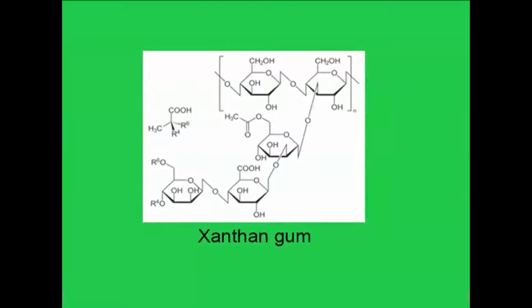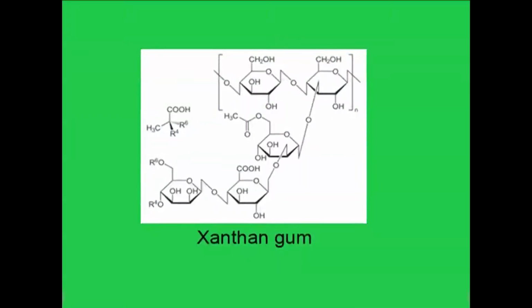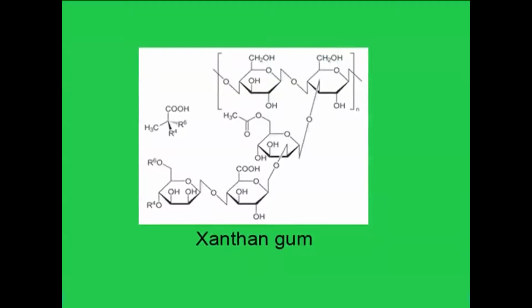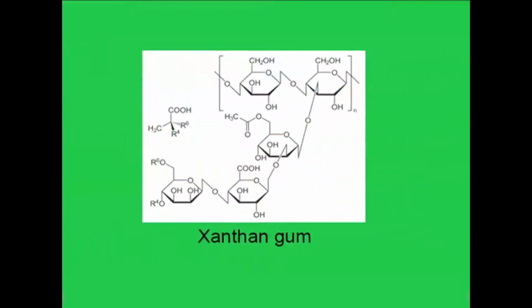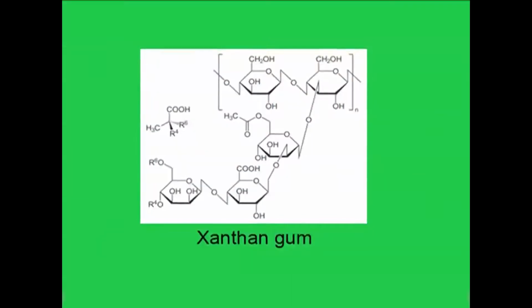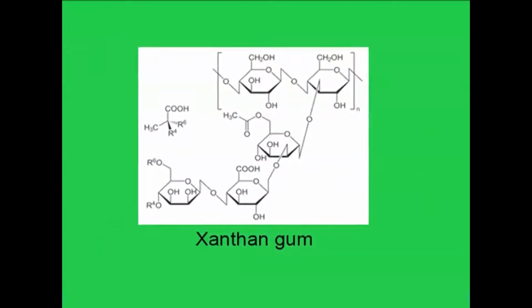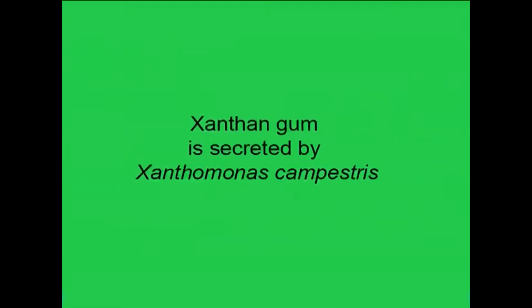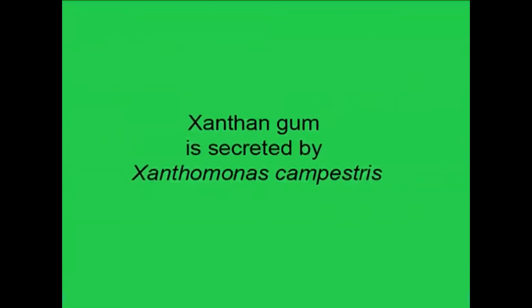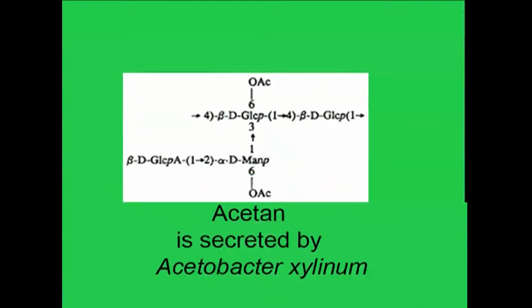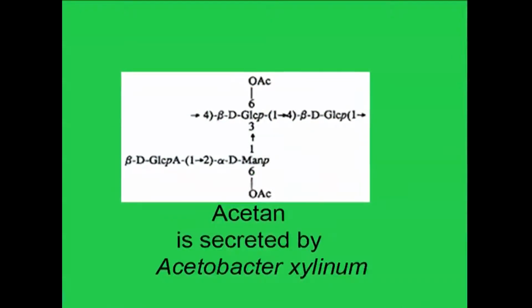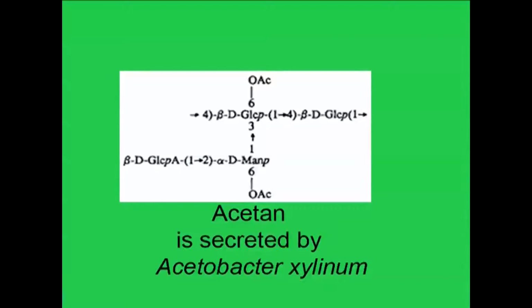Some bacteria form gums, xanthan gum, which is a sticky material, and acetan, which is also a gum. Xanthan gum is secreted and has very important commercial uses. Xanthan gum is secreted by Xanthomonas campestris, acetan by Acetobacter xylinum. These are all polymeric compounds, byproducts of bacterial metabolism.